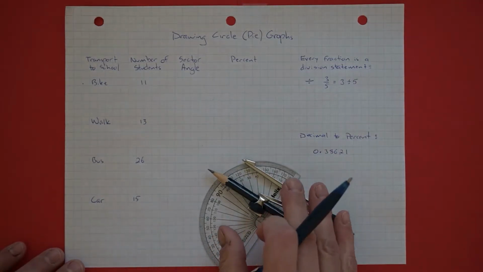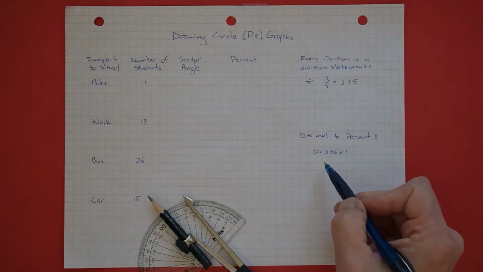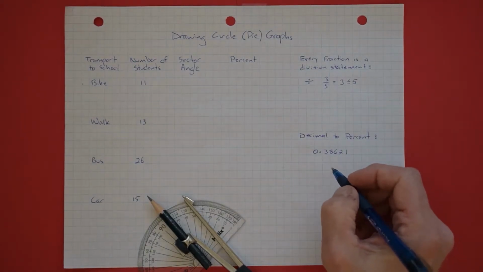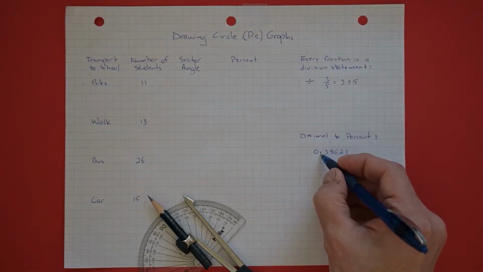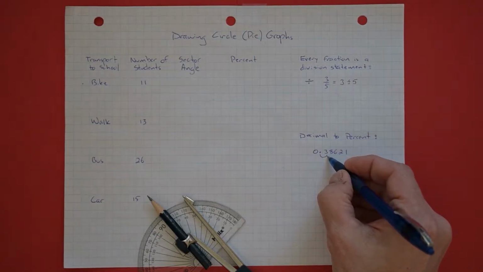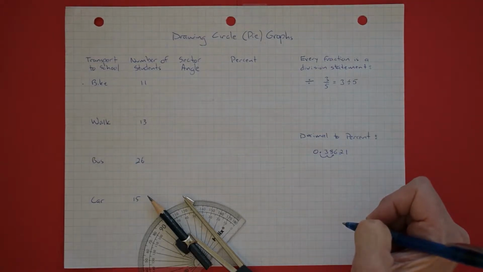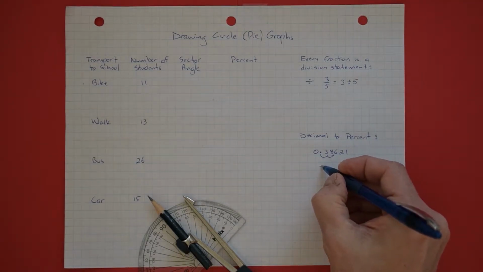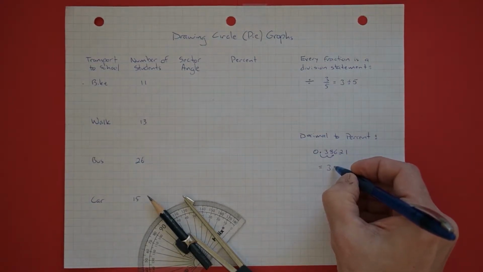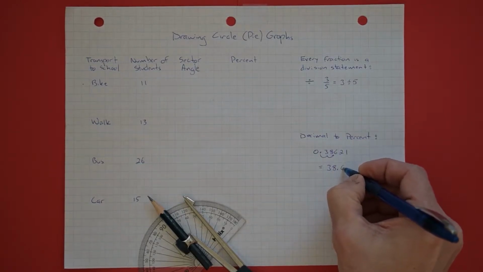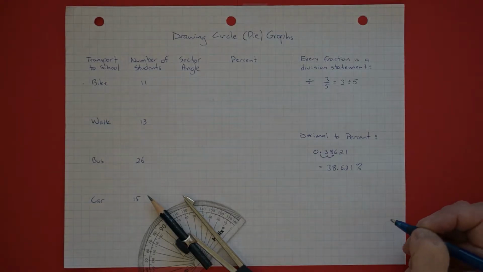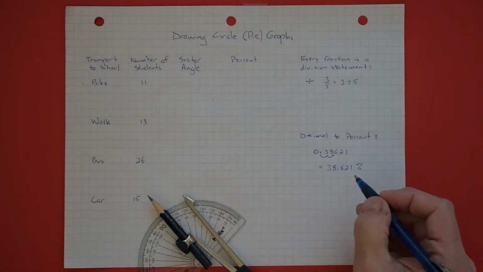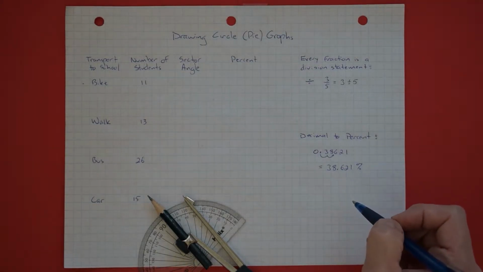The other thing we want to bear in mind is that when we have a decimal, the way we change it to a percent, and again this is review, is that we take that decimal and we shift it 2 places to the right. So this as a percent is really 38.621%. And then that's really way too much accuracy sitting there, and we'll never be able to graph that.